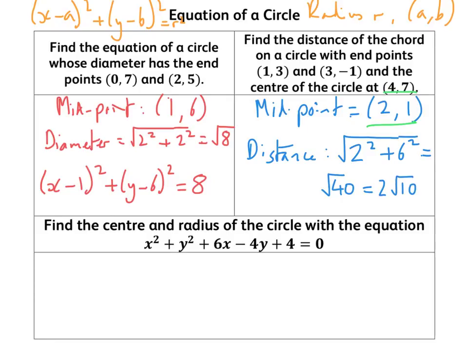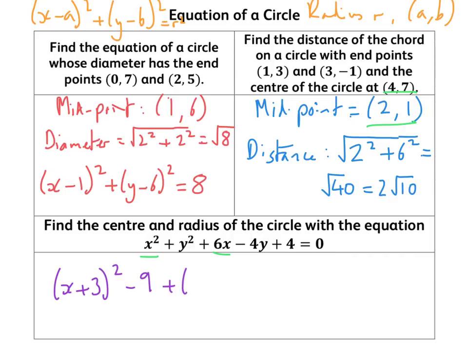Pretty straightforward there. Now then, here we go. It says find the centre and radius of the circle with the equation that plus that. So what we're going to be doing is completing the square, twice. I'm going to complete the square with the x parts: x plus 3 all squared, and remember to take away 9.